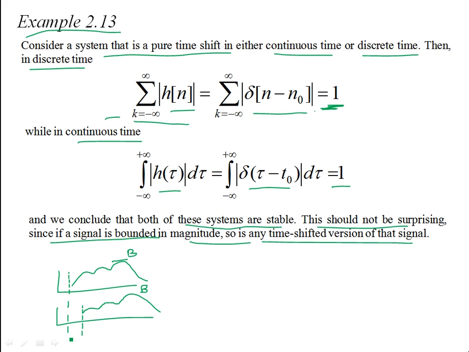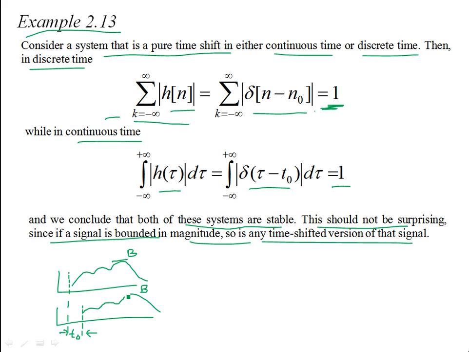You're just shifting the signal by a finite interval, so the magnitudes or amplitudes are intact. It just shifts in time, but the bound is there. So the system is intuitively also stable.